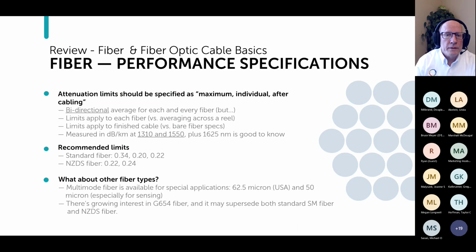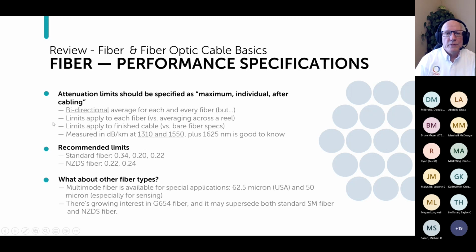Let's talk about attenuation. If it's important, then you ought to have some way of measuring it, which you do, called an optical time domain reflectometer, or OTDR. And then you ought to have some requirements around how you measure it.